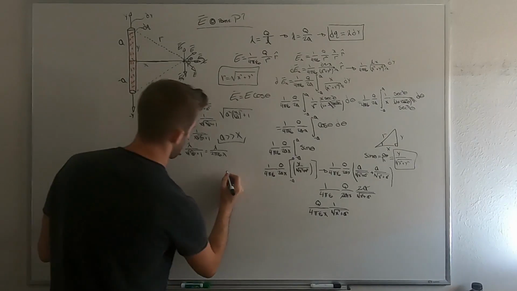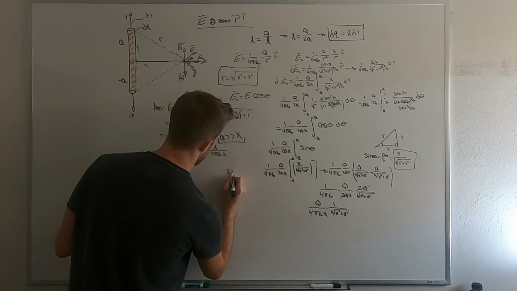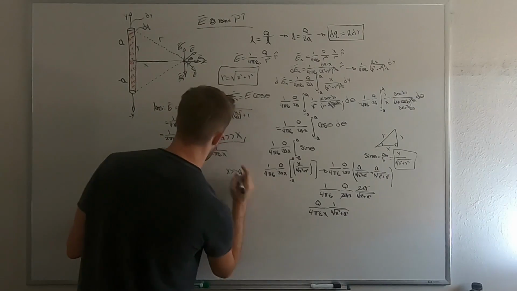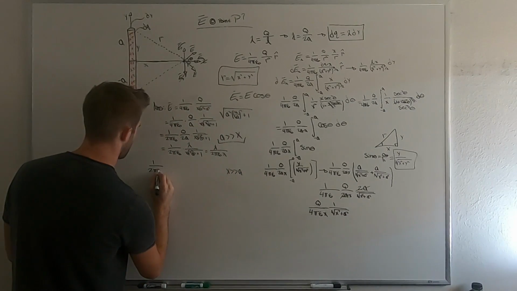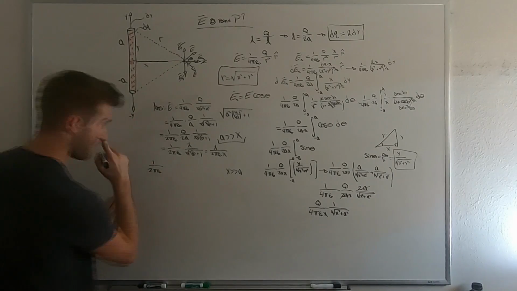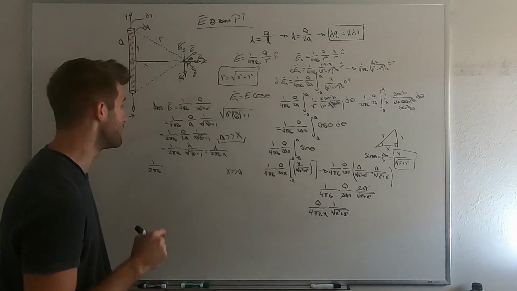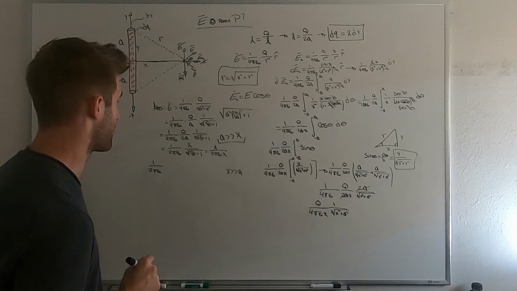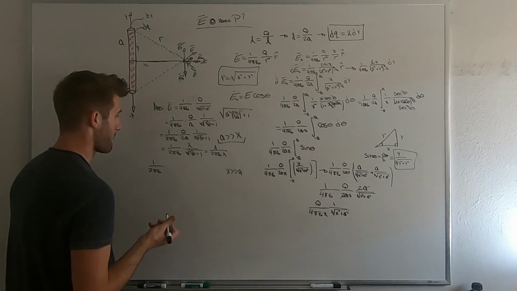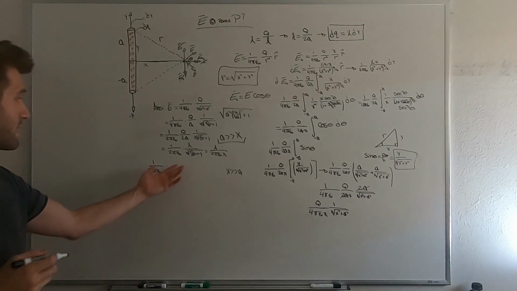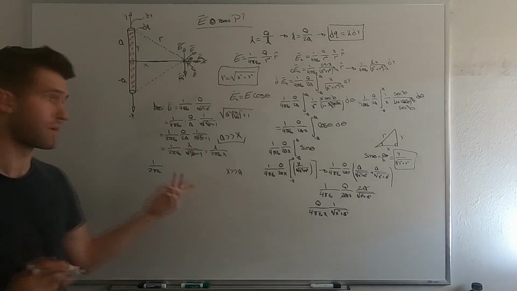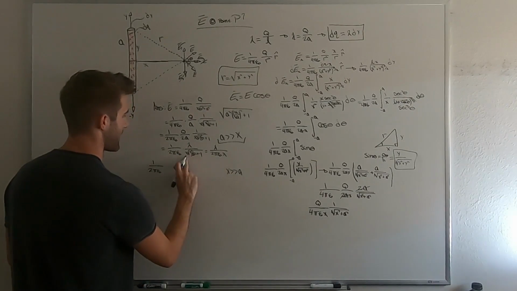If x is much larger than a, we have 1 over 2 pi epsilon naught. If x is really large, then we do have to consider x squared, and we can almost ignore a squared. So think of it just as the square root of x squared, and then we have x times x.